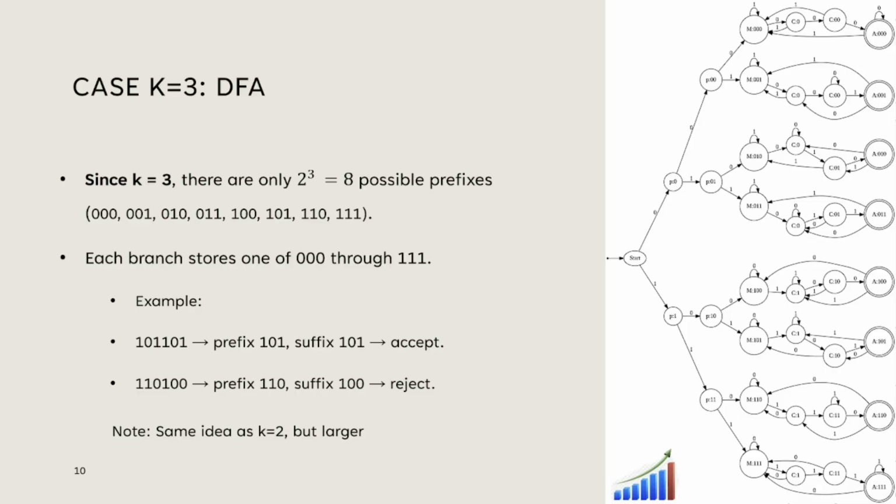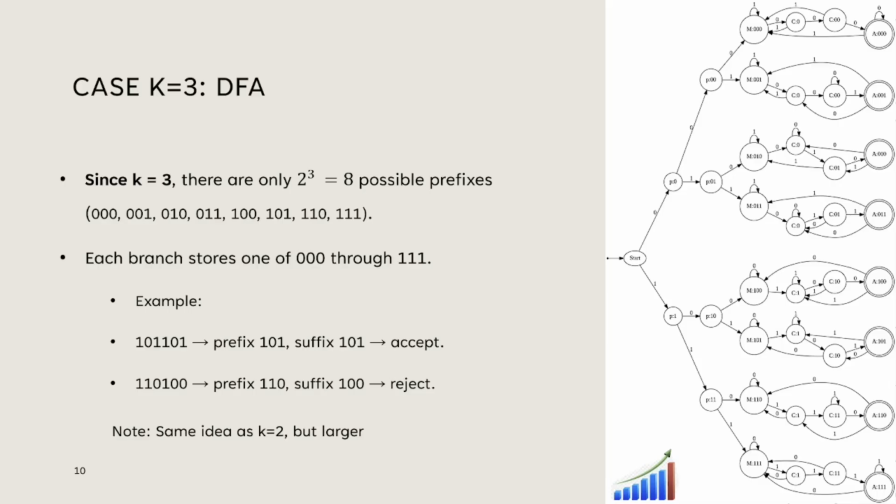Here we'll discuss the case where k is equal to 3 for the DFA. Before that I can tell you that the logic is exactly the same as the previous case, but here the machine needs to remember 3 bits instead of 2, which means it has 8 possible prefixes ranging from 000 all the way up to 111. It has their own branches.